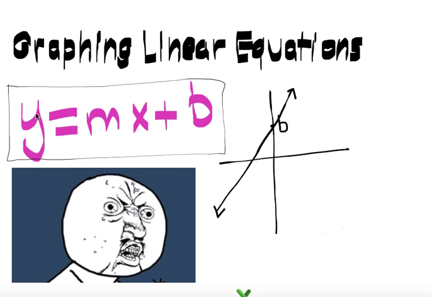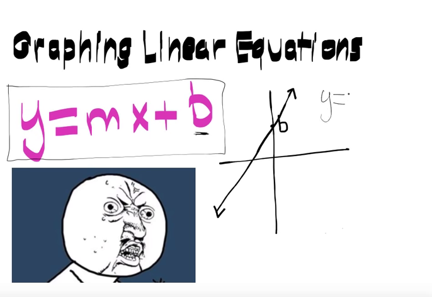So just remember the slope intercept form of a line: m is our slope and b is our y-intercept. So if this number was, let's say, 3, then the equation will be y equals mx plus 3.